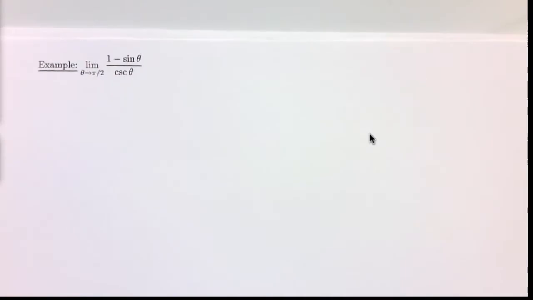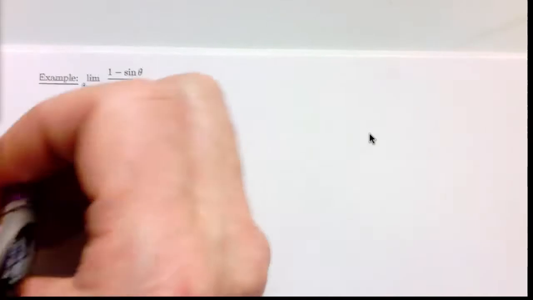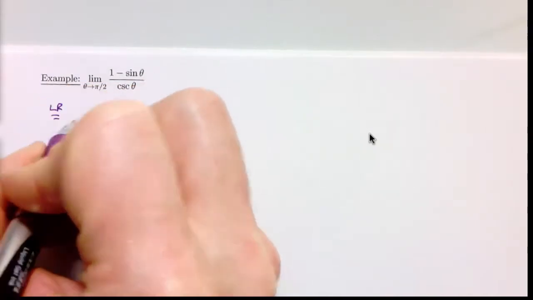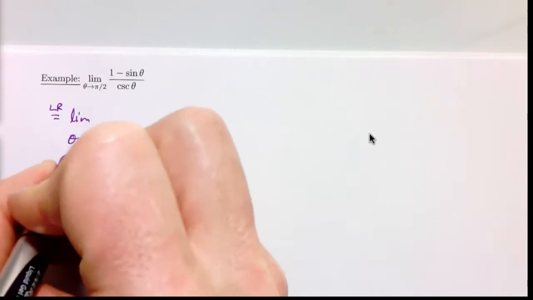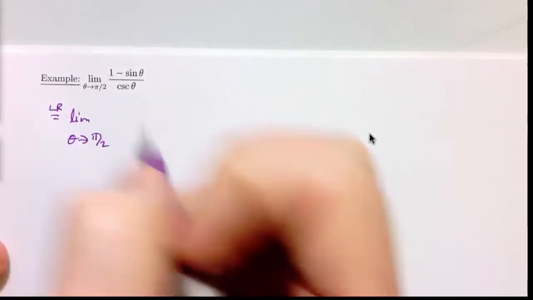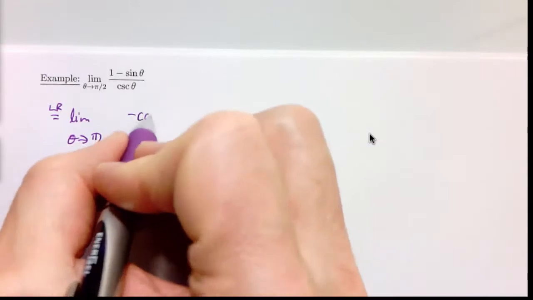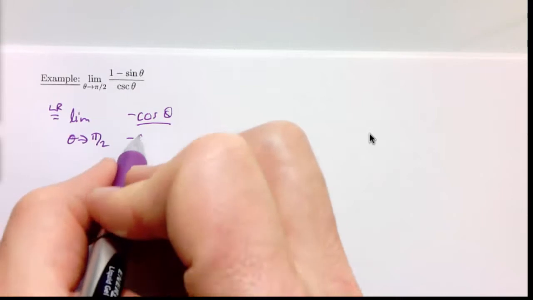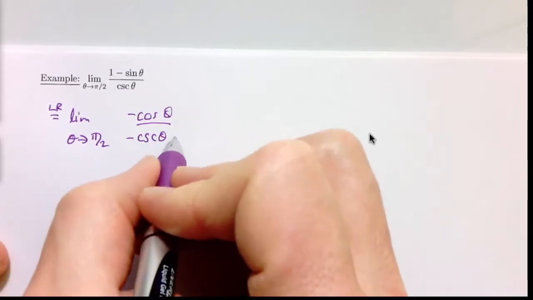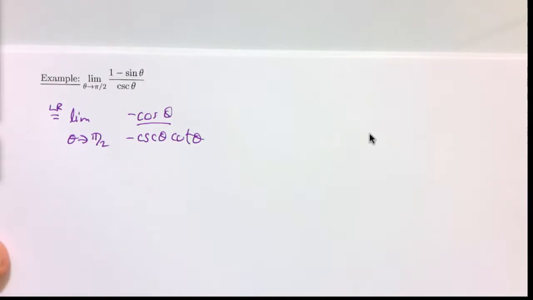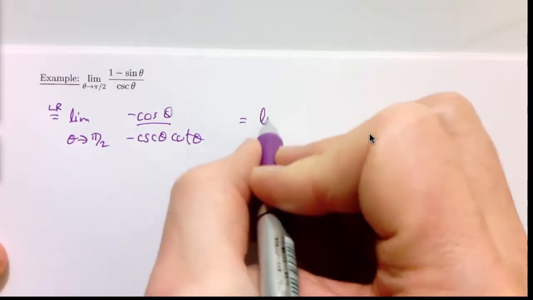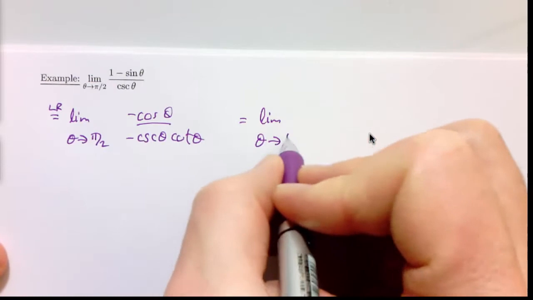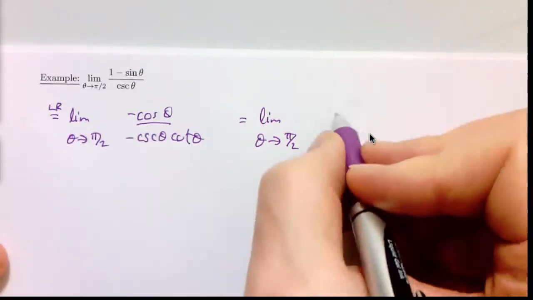I'm going to show you what happens here if you forget to check to see if L'Hopital's rule applies to begin with. So if I just jump in here and start doing L'Hopital's rule, on the top I get minus cosine of theta. On the bottom I get, let's see, minus cosecant theta times cotangent of theta. Let's use trig identities to clean this up. Of course, I can cancel the minus signs.